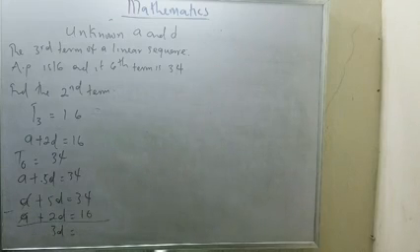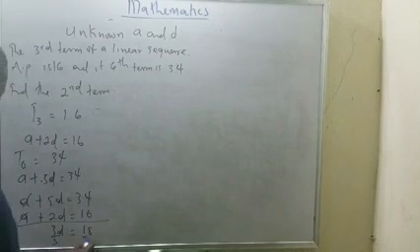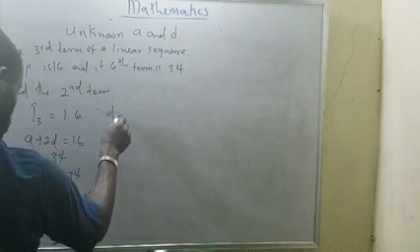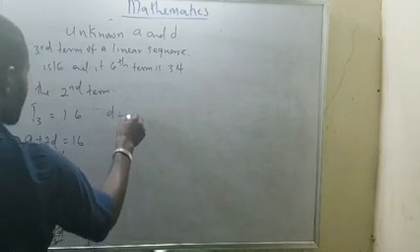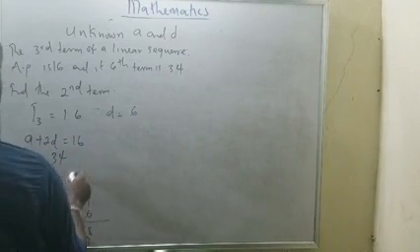We have 34 minus 16, which is 18. Now divide that by 3, and the 3s cancel. It means my d equals 6.